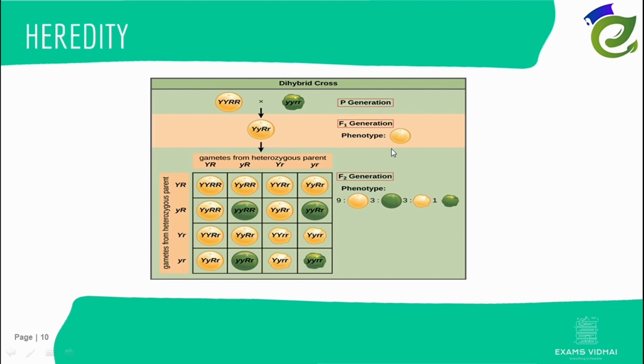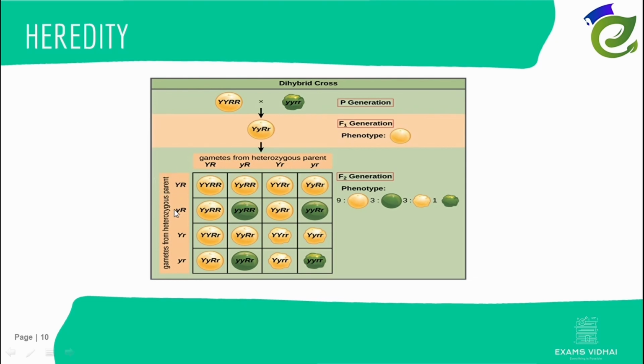Now you need to go to F2 generation. What's F2 generation? The output you get in F1 generation, you need to cross them once again. Now, the available gametes are capital Y capital R, small y capital R, capital Y small r, and similarly you get same gametes for other plant, for other seed I mean.